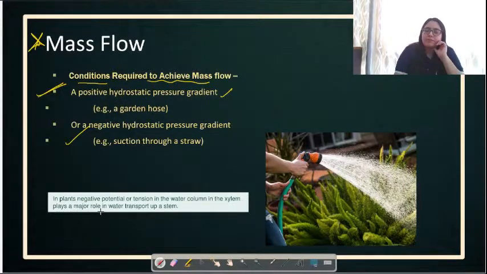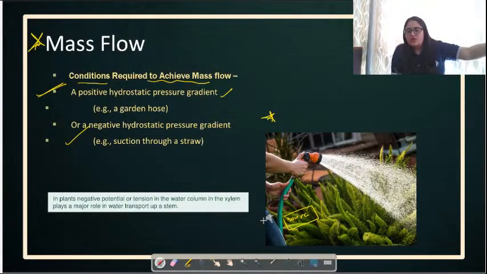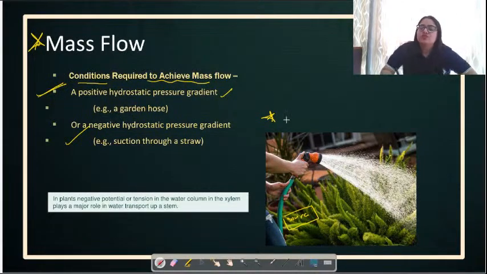examples. For example, here, see this. If you can see, what is this? This is a garden hose, right? And here, what is this? This is a pipe. This pipe must be connected to some source, meaning it is connected either to a water tank or something where a lot of water is stored. So if you notice here, the water is coming out with a very high speed, with a very high pressure, right?